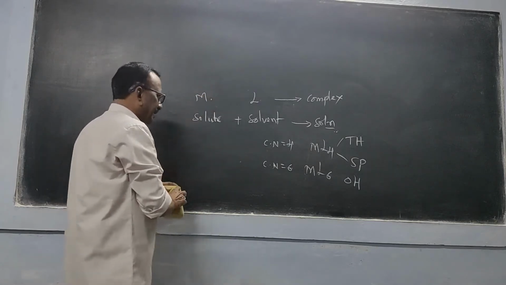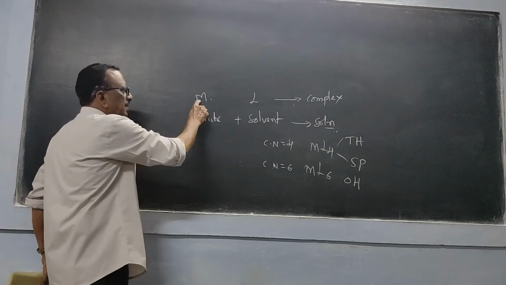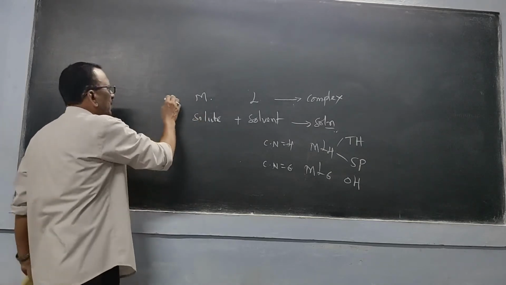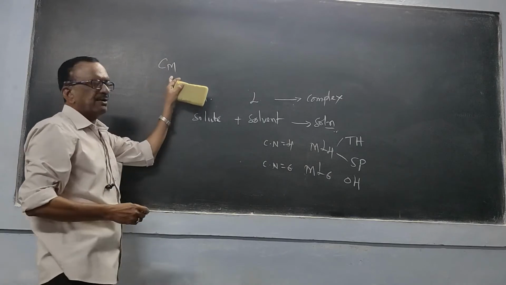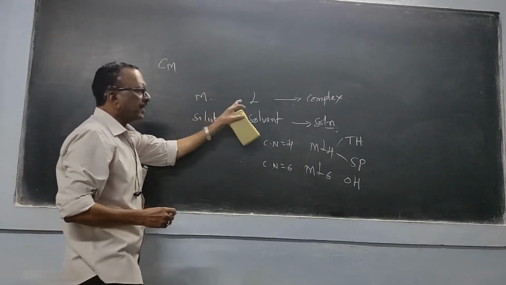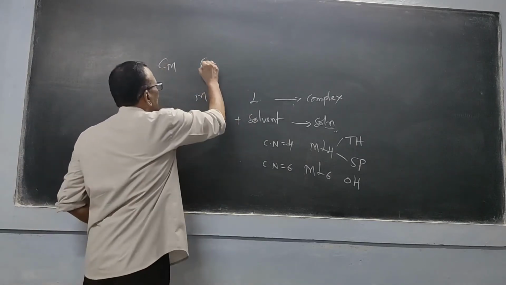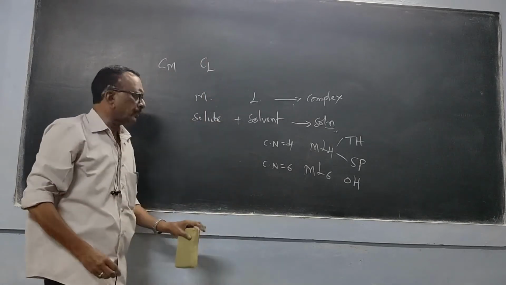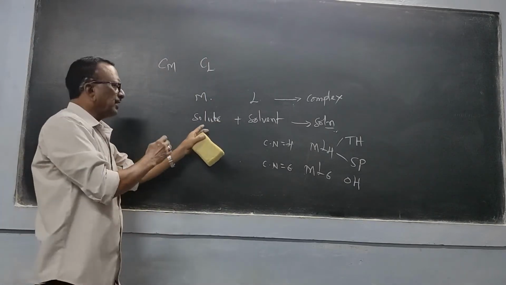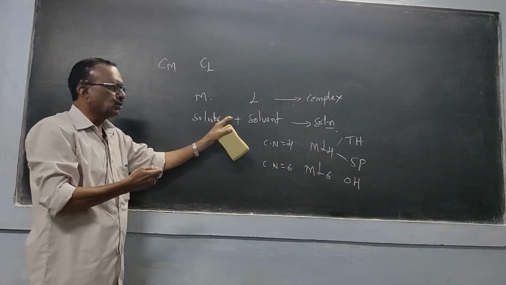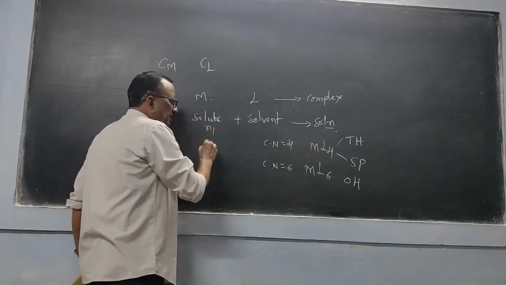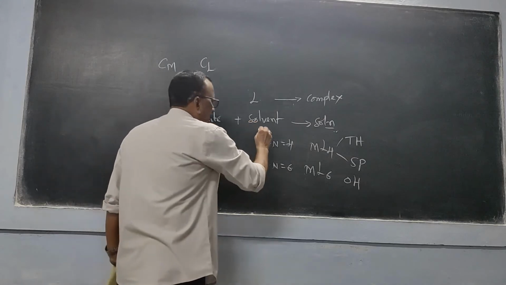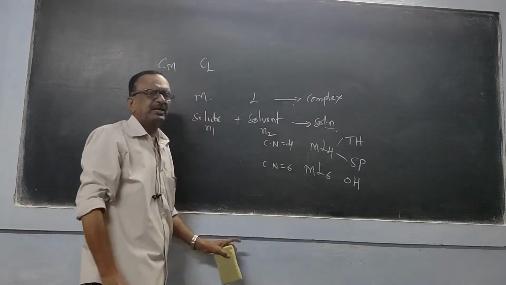How is it related? Now here let us consider the metal solution. It is having a concentration of M. So concentration of metal solution is CM and concentration of ligand solution is the same, M. Now come to the flashback of your 10th class, in the solutions chapter. We have learned that number of moles of solute is represented by n1, number of moles of solvent is represented by n2.